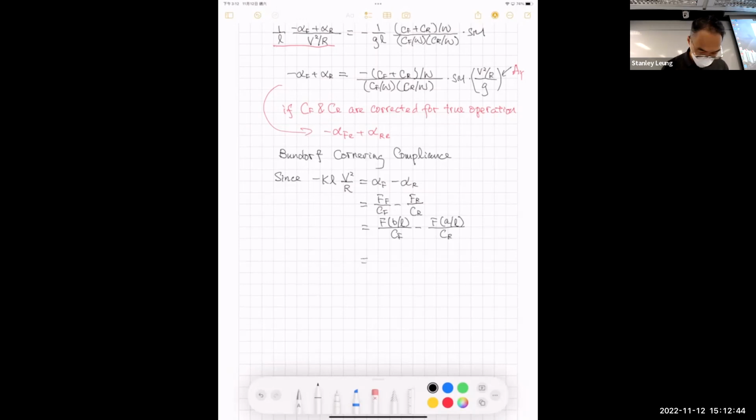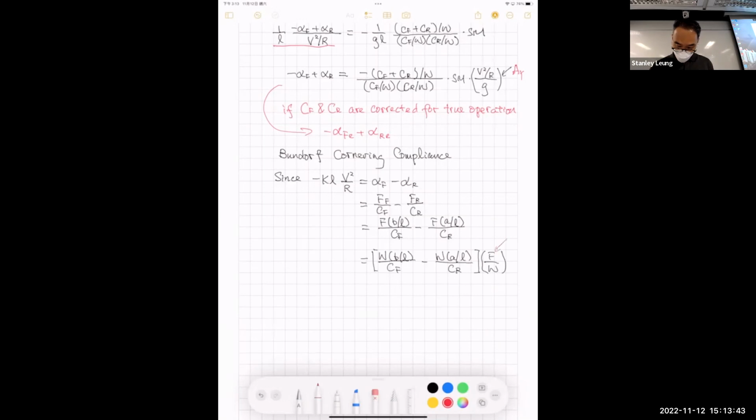This equals, times the G, we will have the weight for CF minus W A over L, this whole thing times a term like this. Why do we always use these things?